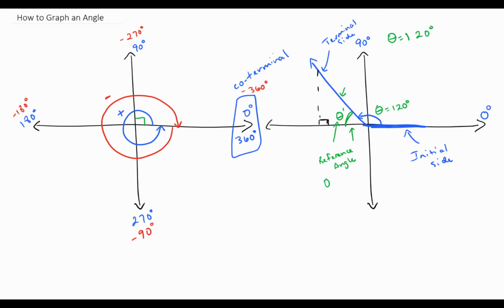And in this case, the reference angle is of course equal to 60 degrees, 180 degrees minus the 120. Now, we'll talk more about what reference angles are later on, but they do end up being pretty important.